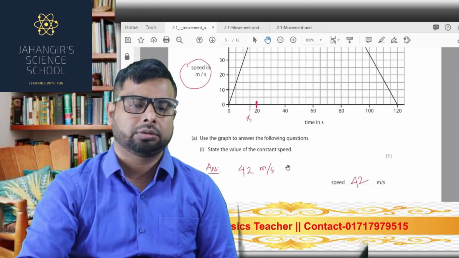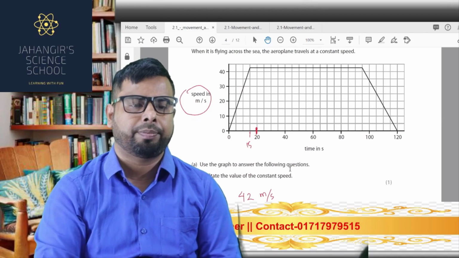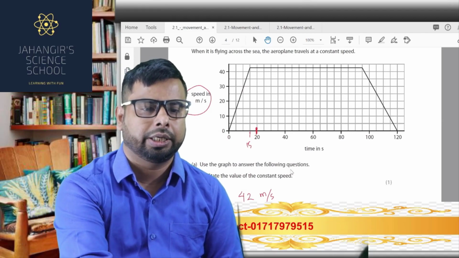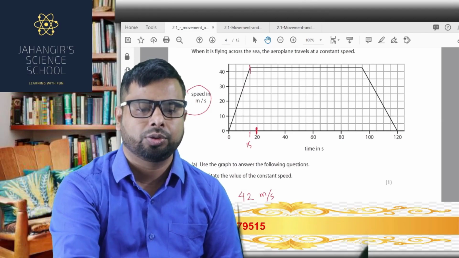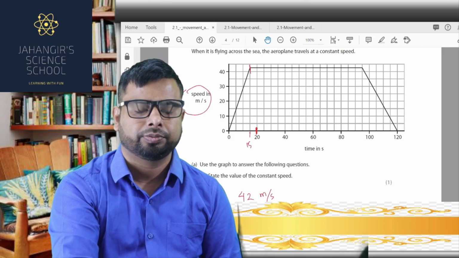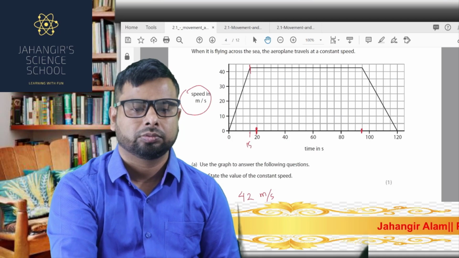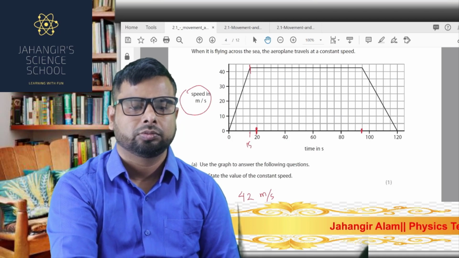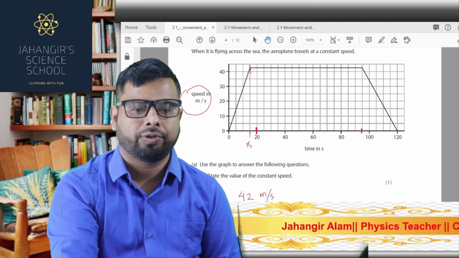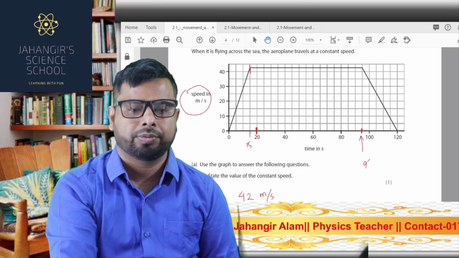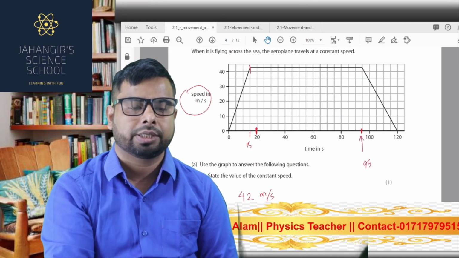Look at the trapezium here. Two parallel sides. Here it starts from 15 to 95.